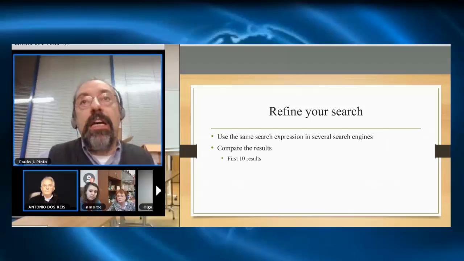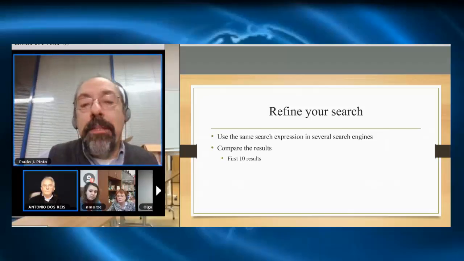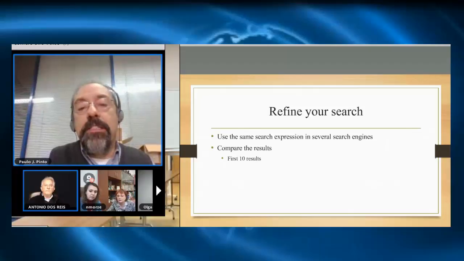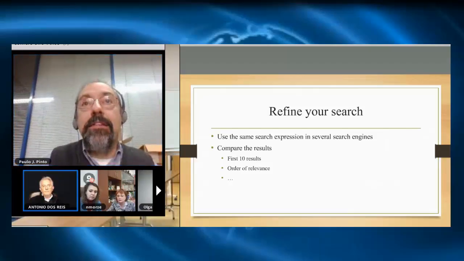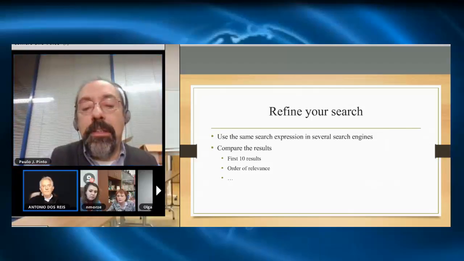The first results are generally important. You can keep several open pages in your browser, so you can compare and see the order of relevance and other things. And if you want, you can copy the most important links to a Word document and follow them.